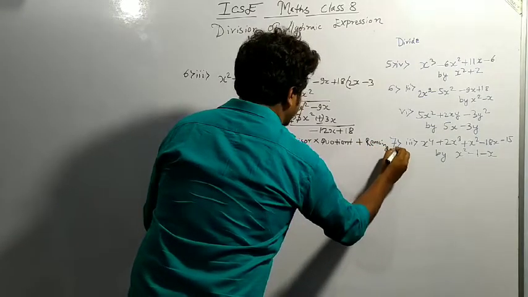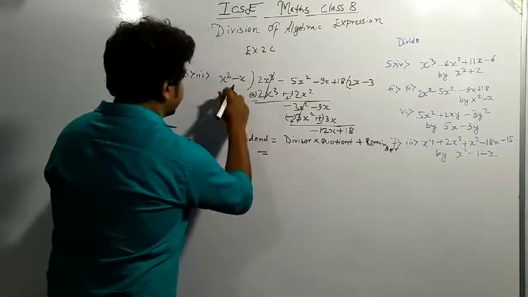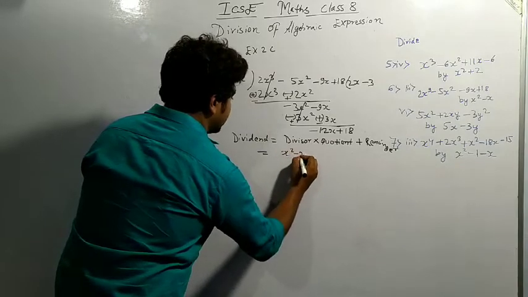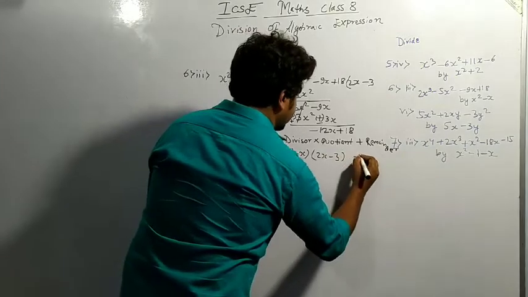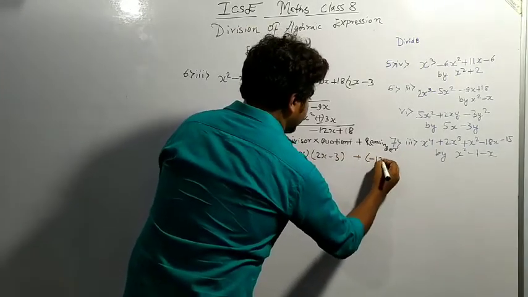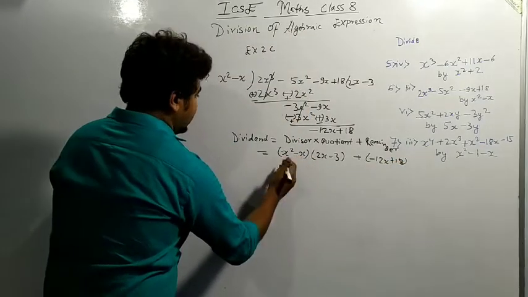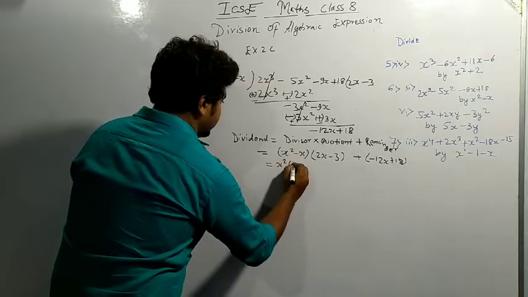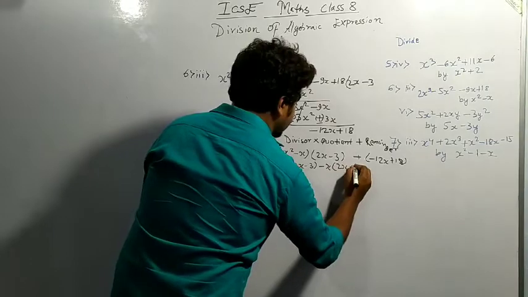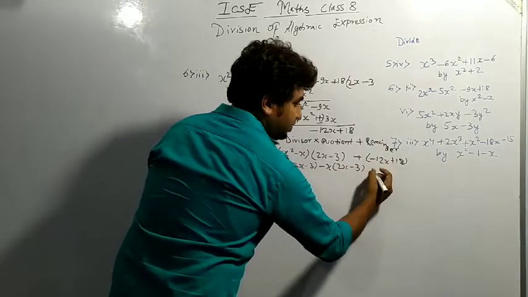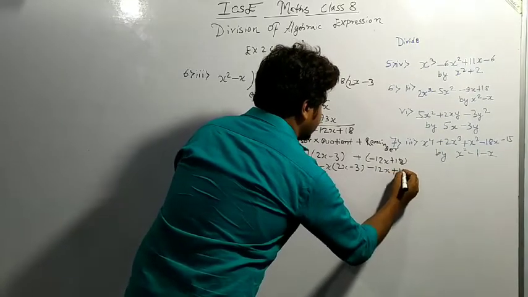So from here, we can multiply x square minus x into 2x minus 3, and this term is remainder, minus 12x plus 18. As we'll be multiplying x square with 2x minus 3 and minus x with 2x minus 3, plus minus will become minus 12x, and from here it will become plus 18.